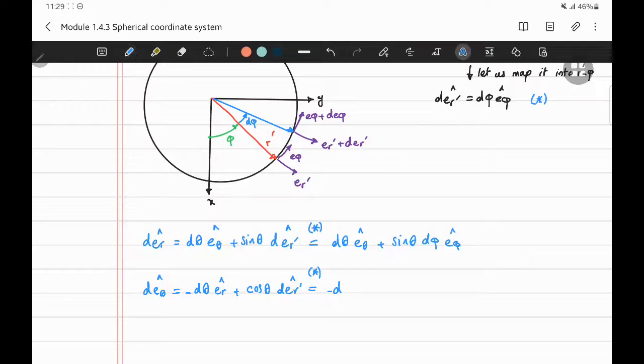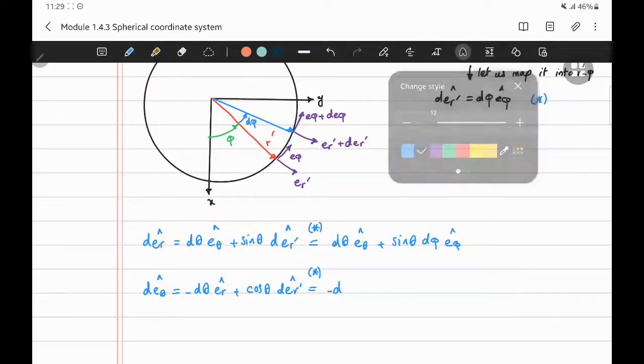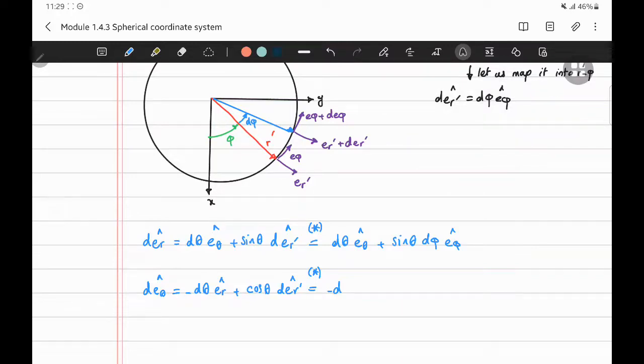So we have minus d theta er plus cosine theta d phi e phi. All right.